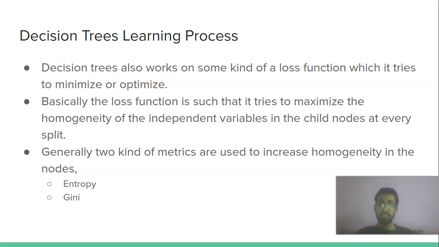In decision trees, they use a loss function which they try to minimize or optimize, same as in any machine learning algorithm. As I was saying about homogeneity, it has a loss function such that the homogeneity in each child node increases.